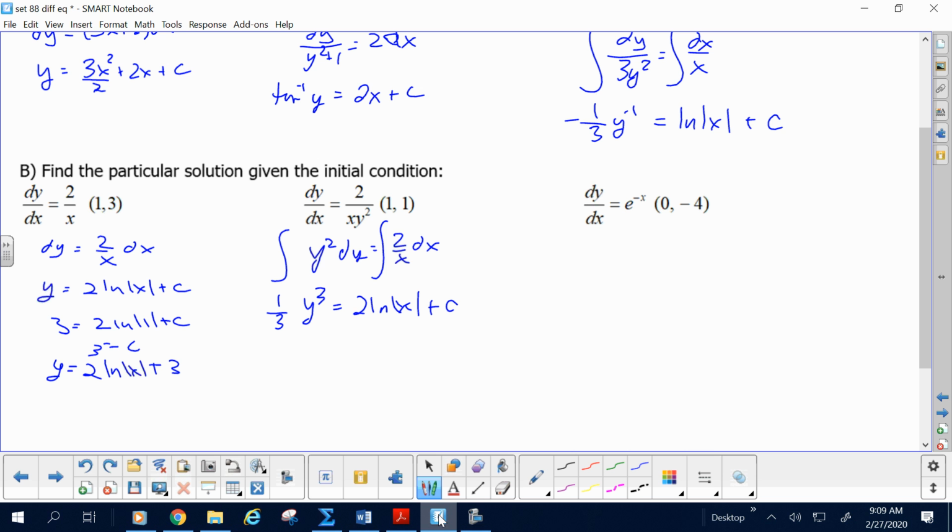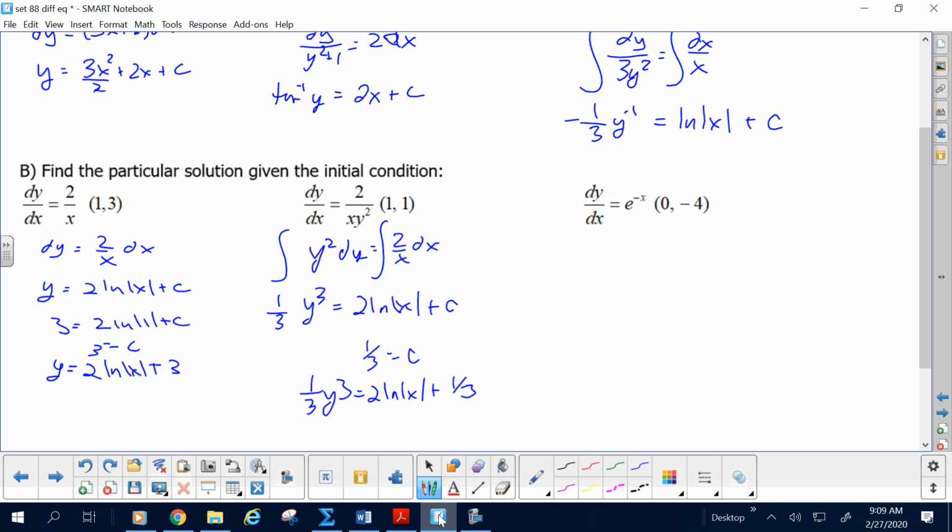Love it. And after putting in 1, 1, what'd you get for your plus C? 1/3? I agree. Okay, so 1/3 y cubed equals 2 log of absolute value of x plus a third. You follow on number 2?